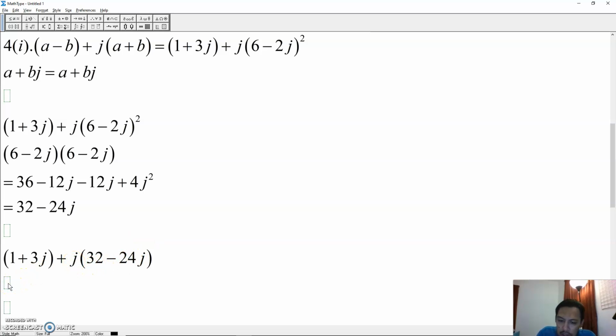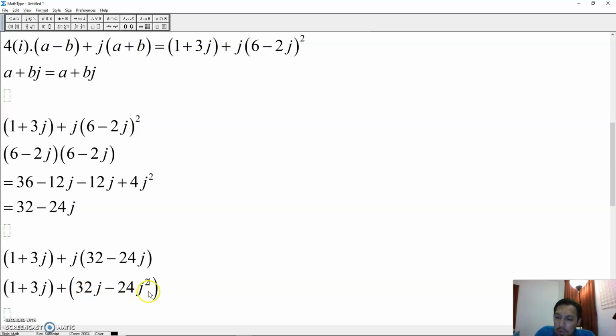So let me copy it back: 1 plus 3j plus 32j minus 24j squared. Again we meet j squared, which can be transformed into negative 1. So negative 1 times negative 24 gives positive 24.